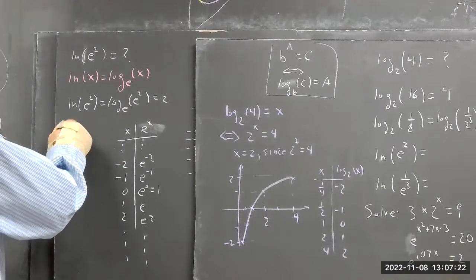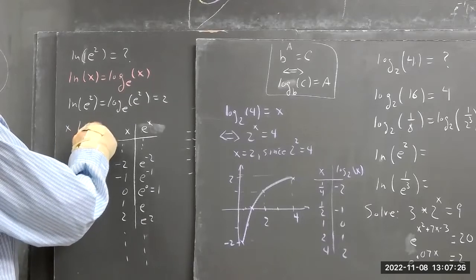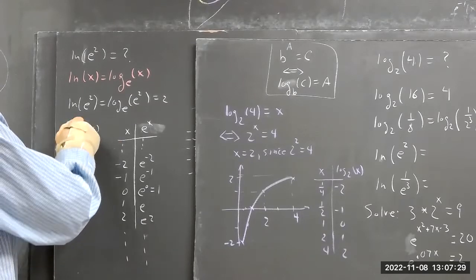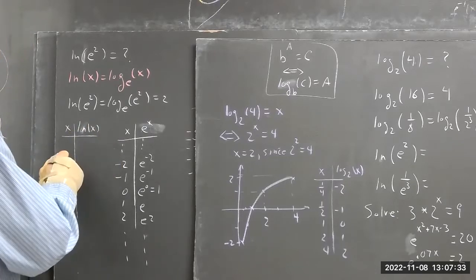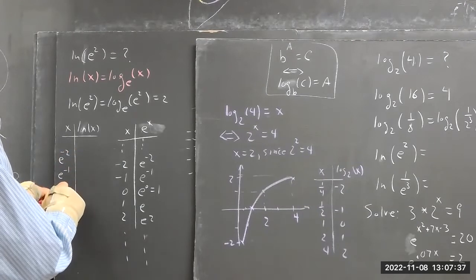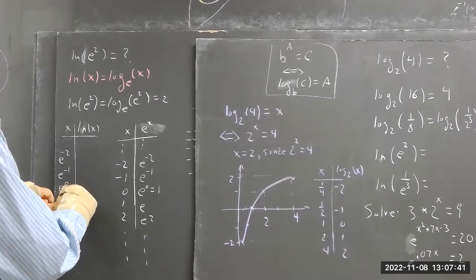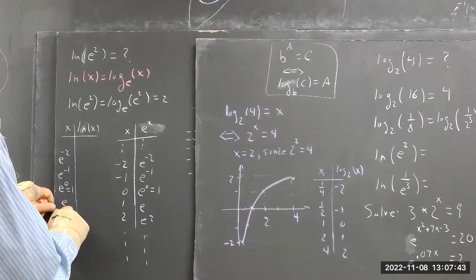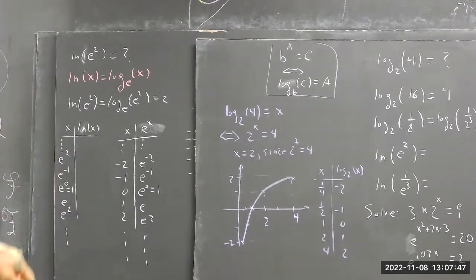Natural log is the inverse of the e to the x function. The pattern of this table matches the pattern of this table with the column reversed.